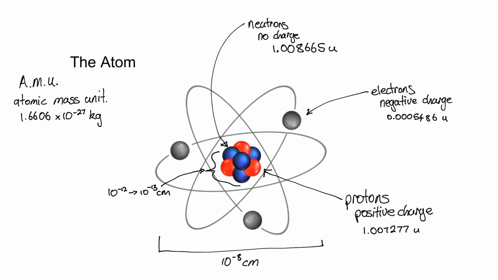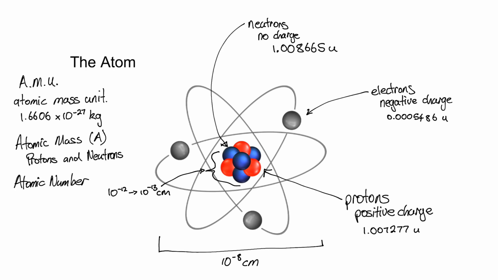Two other things that we should be aware of is our atomic mass, which we denote with an A, and that is the number of protons and neutrons. We do not include the electrons, as you can see, their weight is much, much less than that of the protons and the neutrons. The other thing we need to be aware of is the atomic number. And that's just the number of protons.